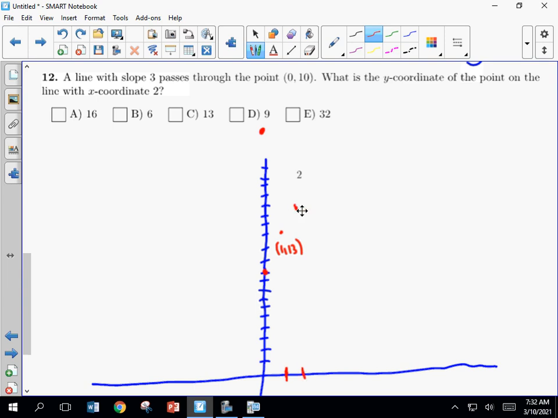This x-coordinate is 2 now, so there we go. And then we're just going to count up how far we went up, 16. If they said the x-coordinate 3, we would have done it again. We just kept doing it, going up and over, until we got to whatever x-coordinate we needed.